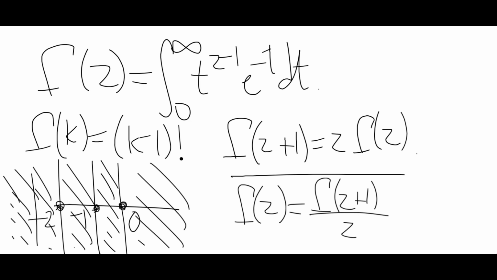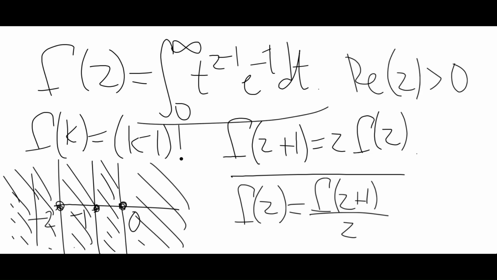Now, those are the only poles of the gamma function because gamma is holomorphic for the real part bigger than 0 because of this integral formula. And then when you do this division by z, or z plus 1, z plus 2, you'll never introduce any poles except at 0, -1, -2, and so on. Okay, so gamma is meromorphic, and the only poles are at 0, -1, -2, and so on.